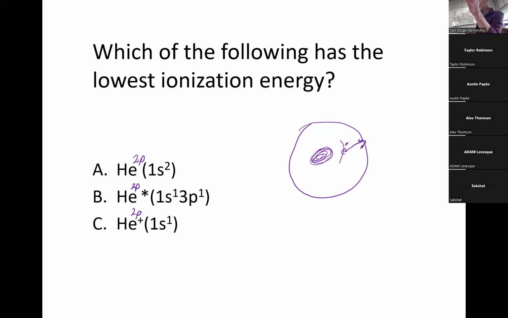So if we had to remove the next electron, which one would be the easiest to remove?